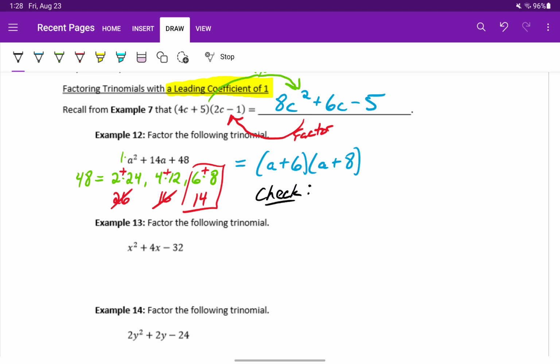We won't do this with every example, but I would encourage you strongly, especially on a quiz or a test, to check your work. You can always do that by taking your factored expression and expanding it back out.